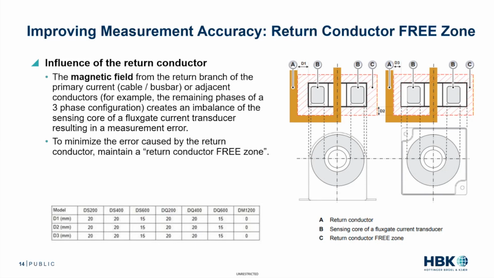Here's just an example of some suggested spacing that you would want to consider based on a variety of different sized CTs, so 200 amp, 400 amp, 600 amp, and so forth, just to get an idea.